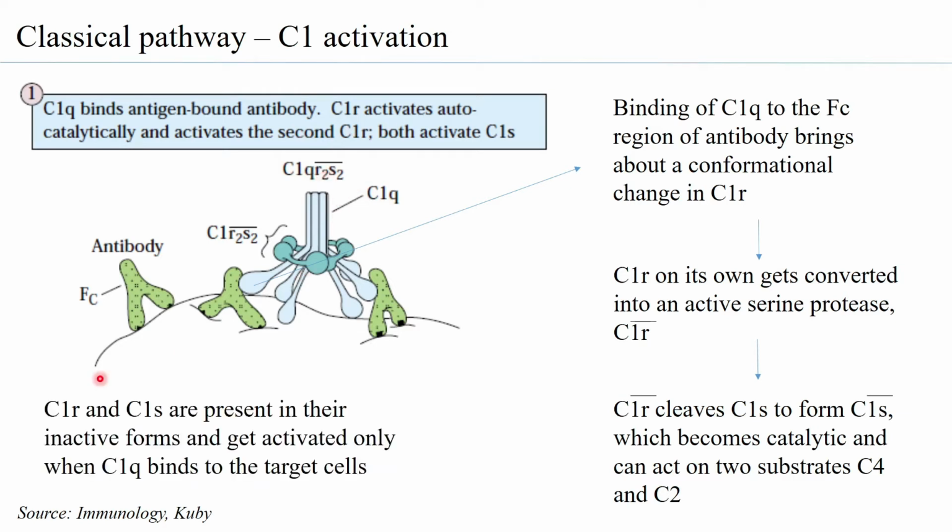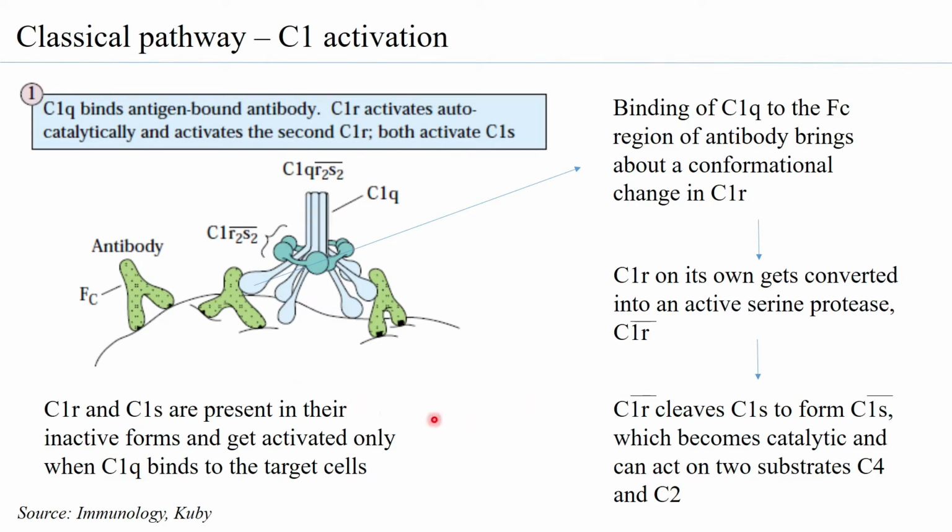But please note, therefore, C1R and C1S are present in their inactive forms, and they get activated only when C1q binds to the target cells. So the classical complement pathway gets activated only and only when C1q binds to an immune complex or binds to a molecular pattern that it can associate with. Otherwise, no.